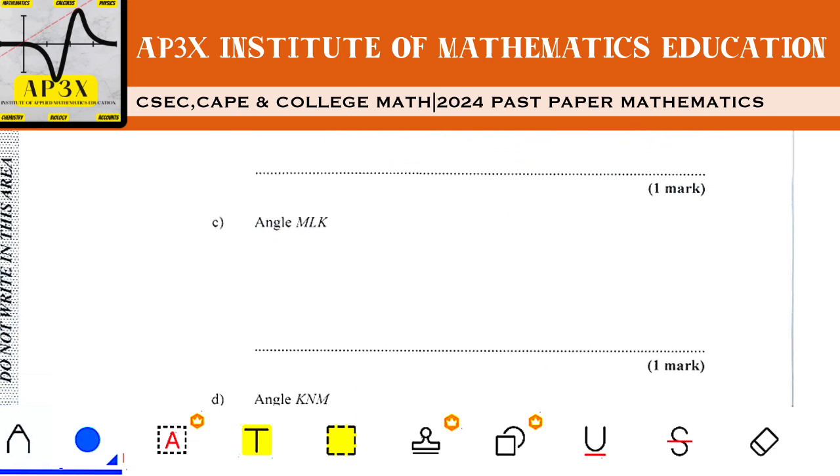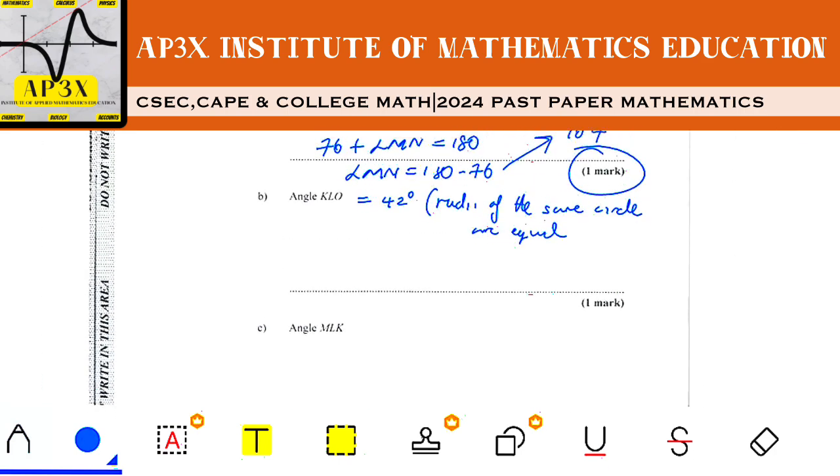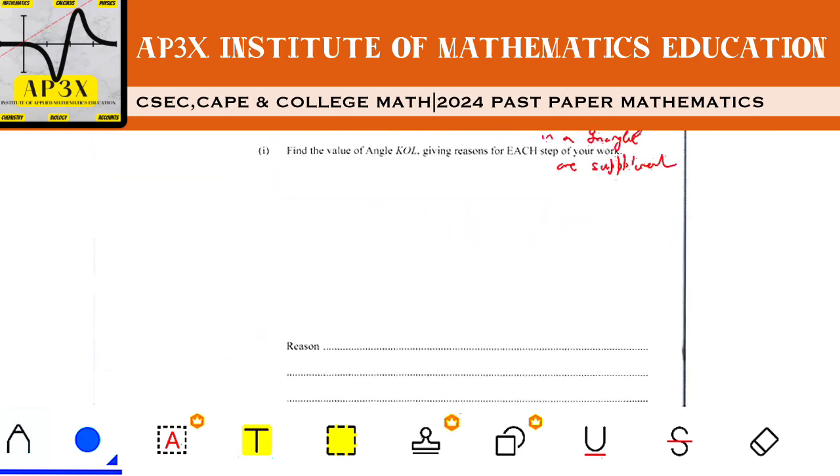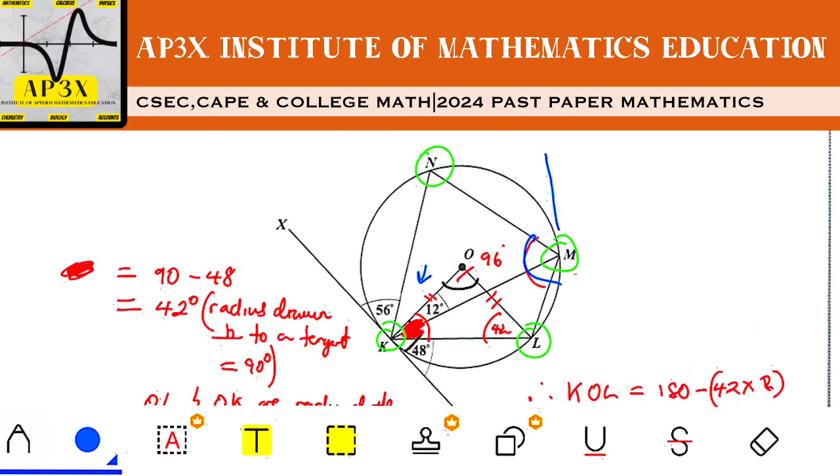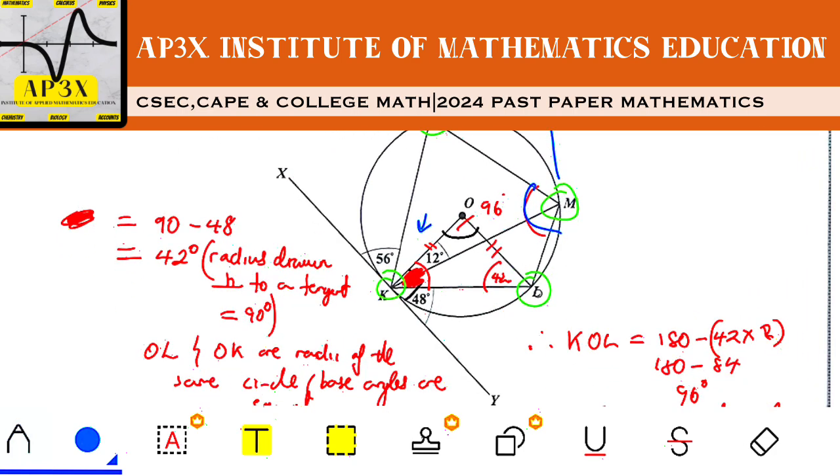All right, and then here we have MLK. MLK then is, let's scroll up here, guys, let's check it out. MLK would be all of this angle here.